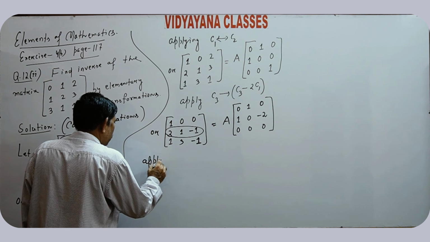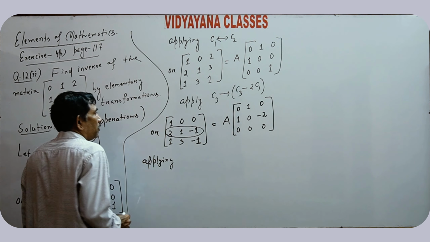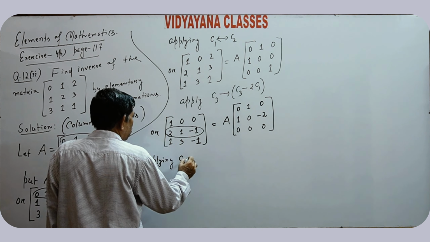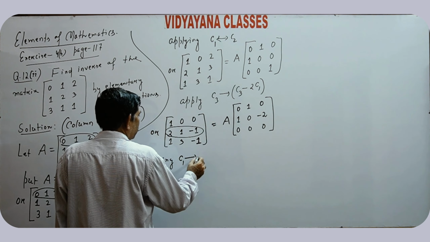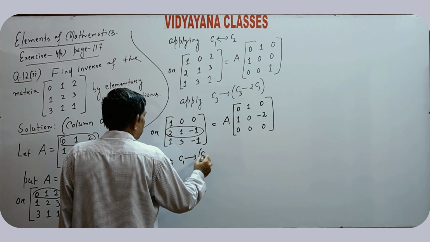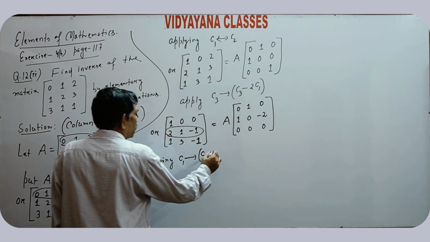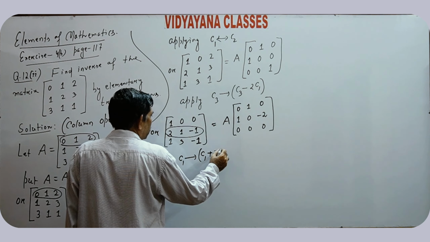Applying column 1 replaced by column 1 plus 2 times of column 3.